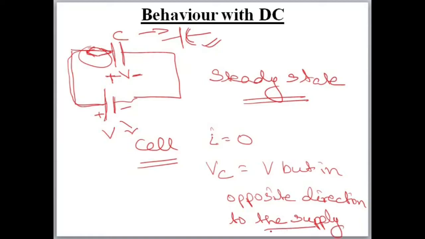In transient condition, what will happen, that we will study further. But in a steady state, in a DC circuit, the capacitor will not allow any current to flow, and the same voltage whatever we are supplying will develop across the capacitor also, but in the opposite direction.